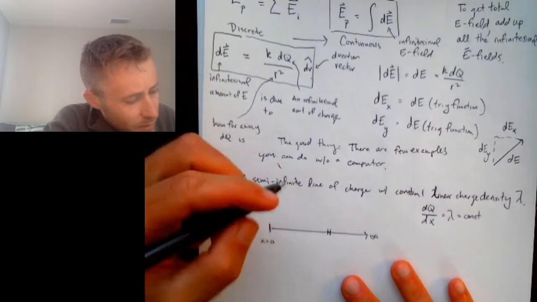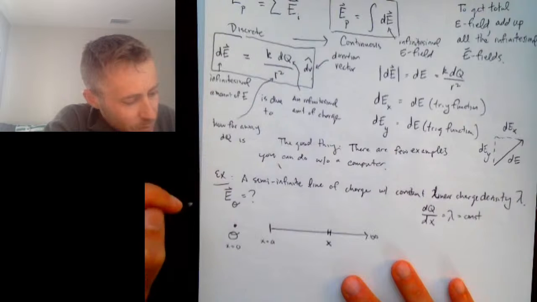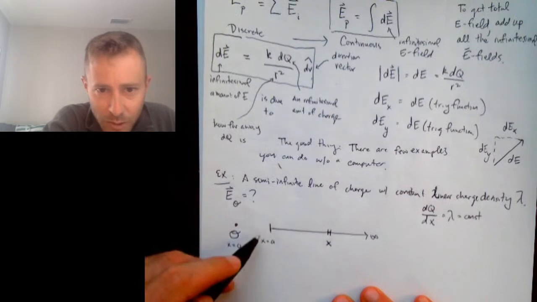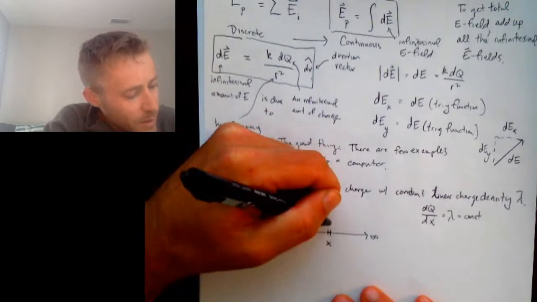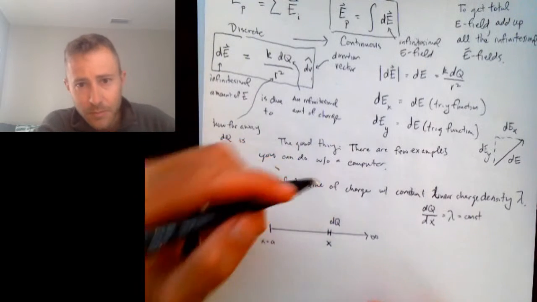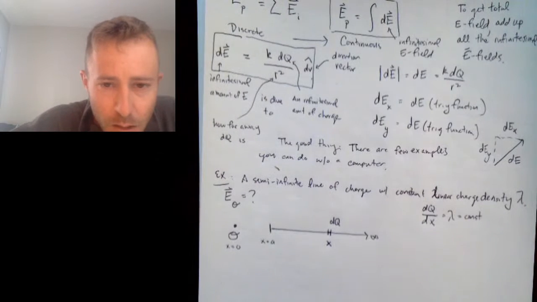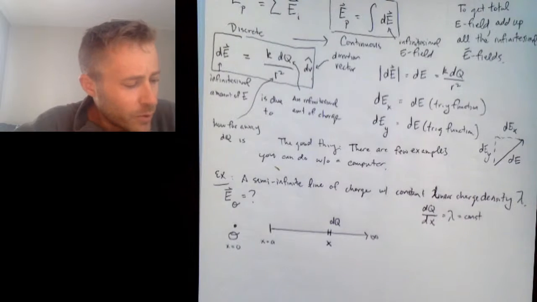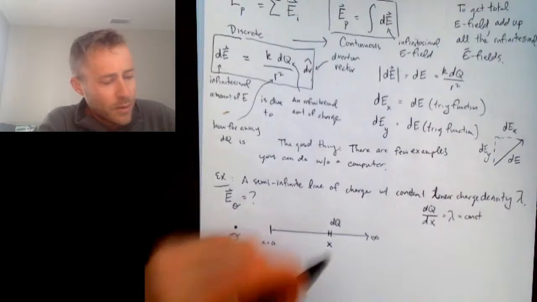It is at location x, so x would obviously have to be greater than a in order for it to be within this line of charge. It has a total amount of charge dq, and it has a width dx.